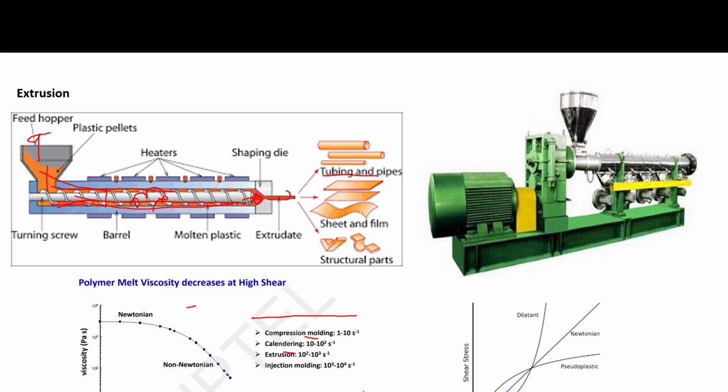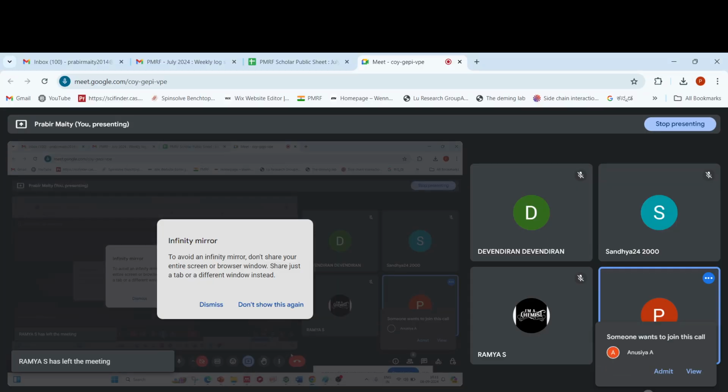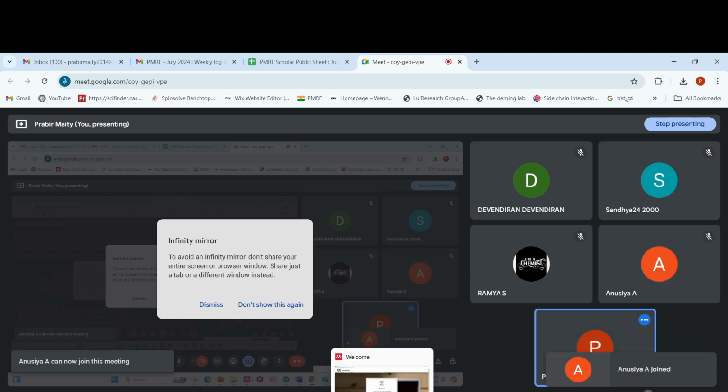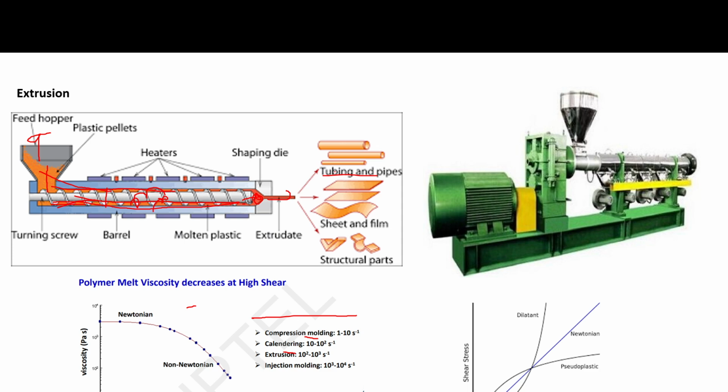Calendering is 10 to 10 to the 2 second inverse. So different shear rates are faced in different instruments.